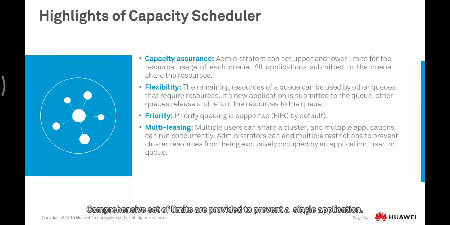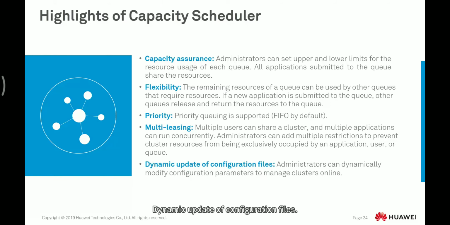Multi-tenancy. A comprehensive set of limits is provided to prevent a single application, user, or queue from monopolizing resources of the queue or the cluster as a whole, to ensure that the cluster is not overwhelmed. Dynamic update of configuration files. As the administrator, you can dynamically modify configuration parameters as required to achieve online cluster management.